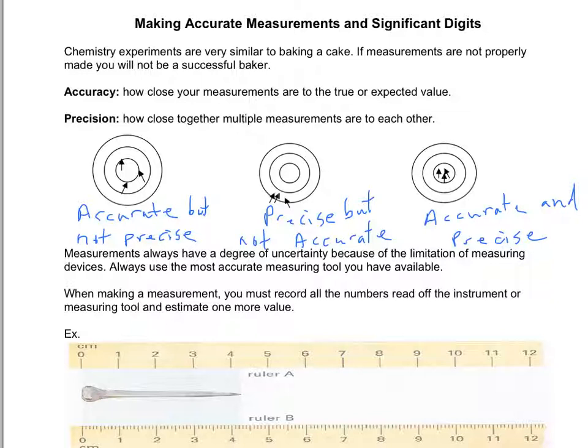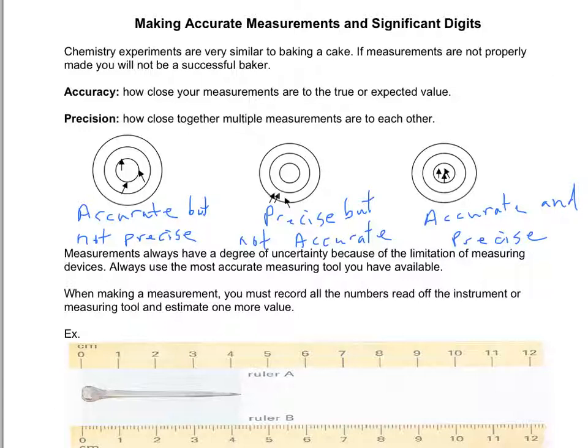Whenever you take a measurement, you always have a degree of uncertainty because of the limitation of the measuring device. The more ticks or gradations the measuring tool has, the more accurate and the more numbers you can record in your measurement. If given the choice, you always want to use the most accurate measuring tool that you have available to you.